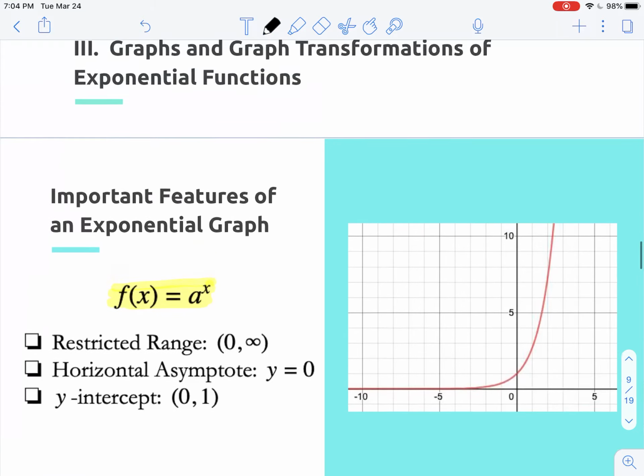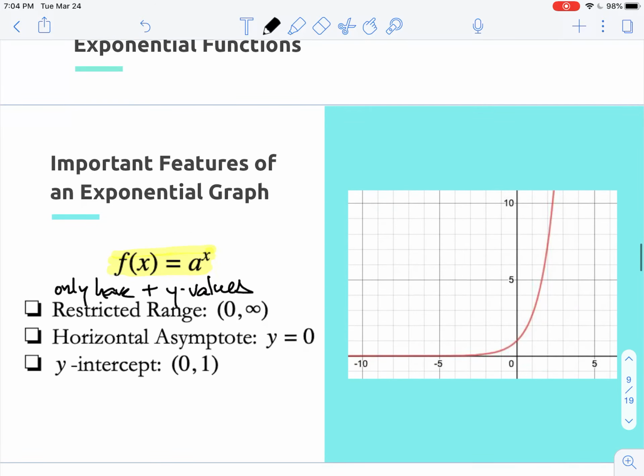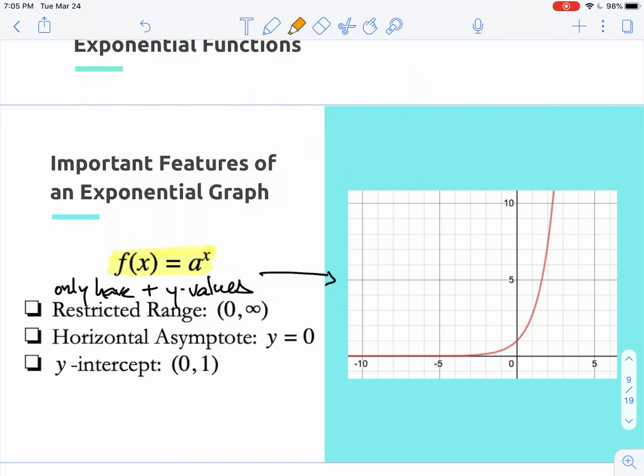And all that means with the restricted range is that you only have positive y values in this parent function or in just the a to the x graph, okay? And if you look over at the picture here, you only see values that are above the x-axis. The second important feature about this is there is actually a horizontal asymptote.